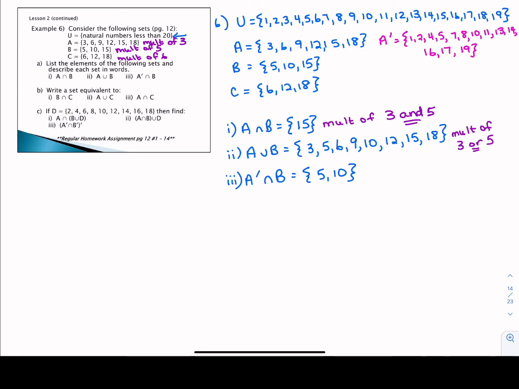Now the last one is a little bit tricky. Not A means it can't be a multiple of 3, but it also simultaneously has to be B, which means a multiple of 5.